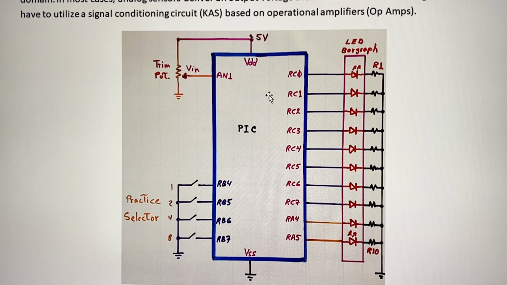And the result of this voltage, which is converted to a digital reading, will be placed on port C. First, we will see it with 8 bits, because this is the most basic way to understand the A to D converter.